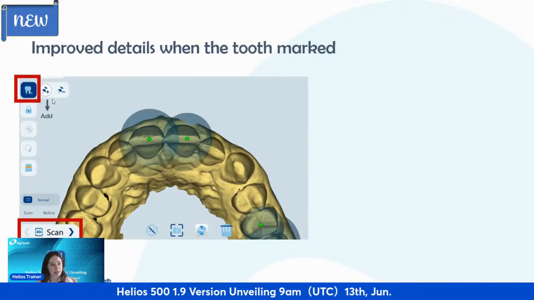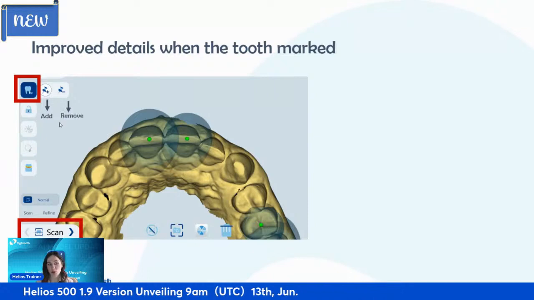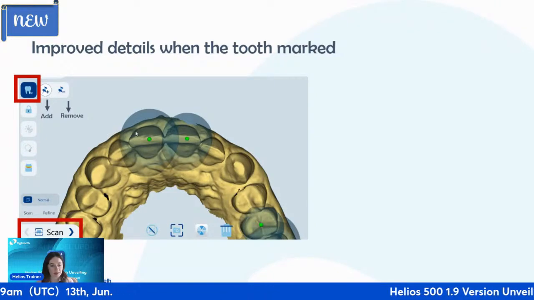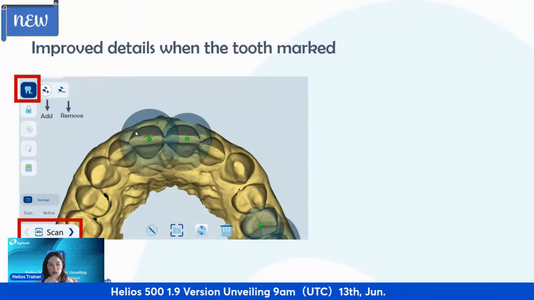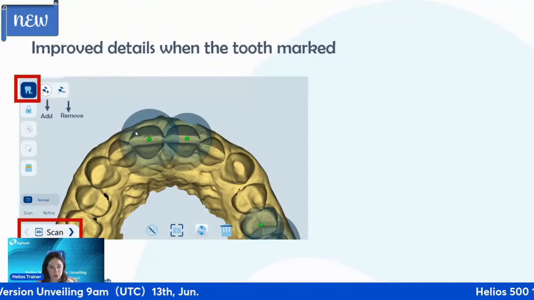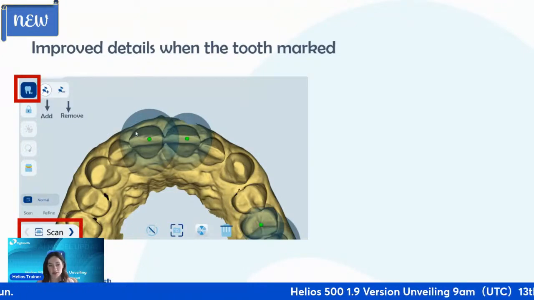You will see add and remove options in here. If you wish to have high resolution, after you mark the preparation area, or wherever you wish to have high resolution, you just mark the tooth with this option.